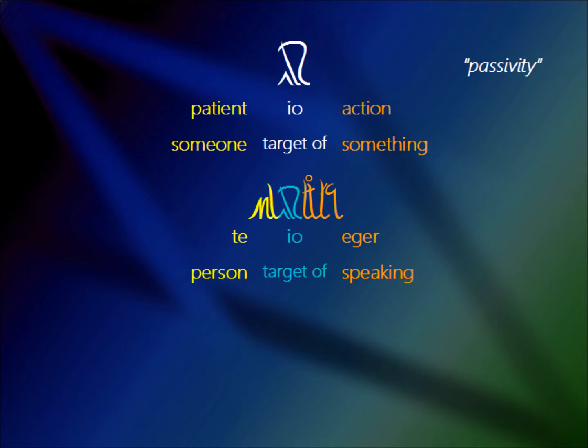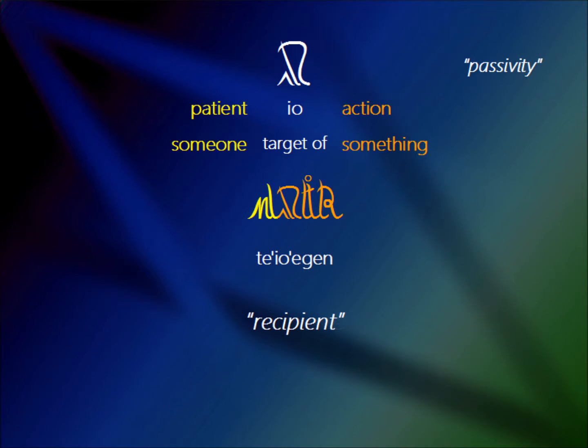We can see the cluster io eger as an adjective to te, meaning being spoken to. A person being spoken to is also called audience. If we replace speaking by writing, we get te io egen, the person written to, or simply the addressee of a written message. So, te io egen, recipient.